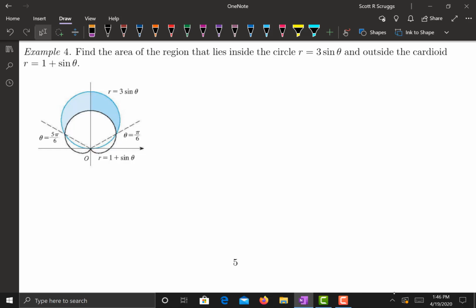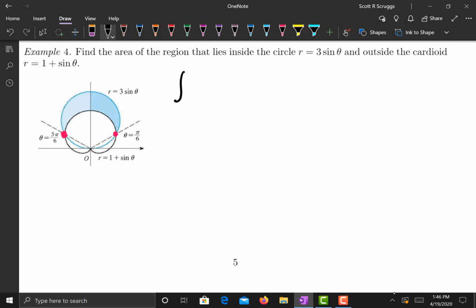So just like before, when we talked about area of a region between curves back in Unit 1, my bounds are going to be fixed unlike before, because my bounds are going to have to be where my intersection occurs.